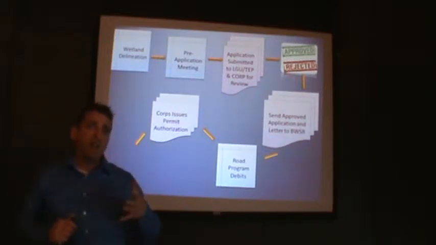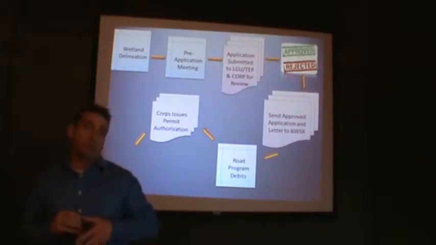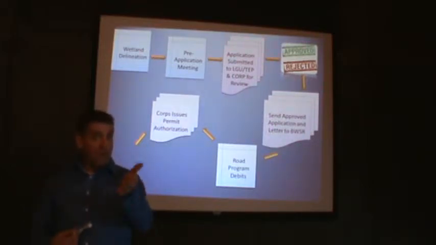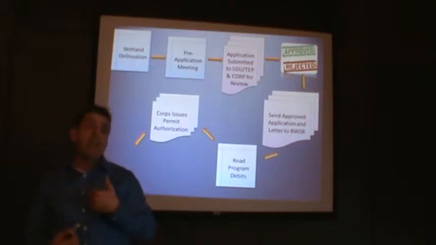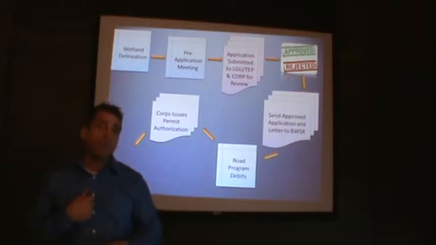So they're outlining your mitigation requirements. It's a local road authority. They don't need a replacement plan. We are the replacement plan. That's why you send it to us. That is the service that we are providing the local road authority.